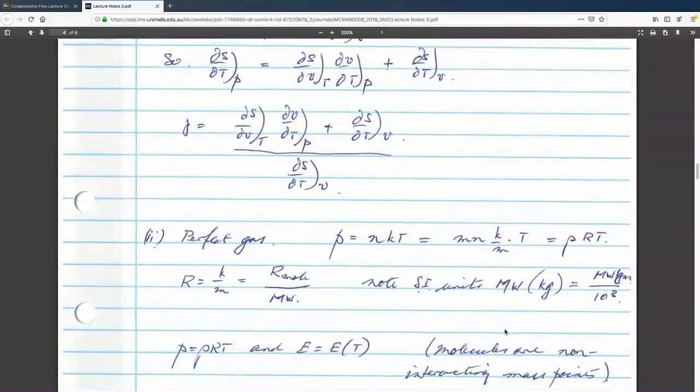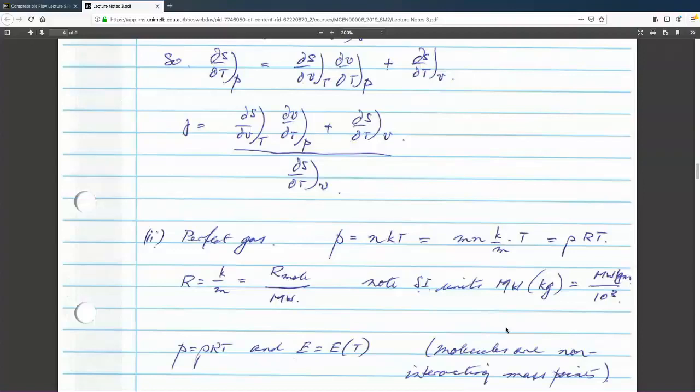All right, so now let me remind you of what I did yesterday. What is a perfect gas? A perfect gas is one for which P is equal to nkT. Or alternatively, if you multiply by m, the mass of each molecule, and divide by m, then that's the same thing as mn k over m T. And k is the Boltzmann constant, and I gave its value to you yesterday.